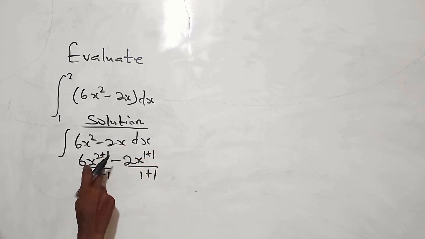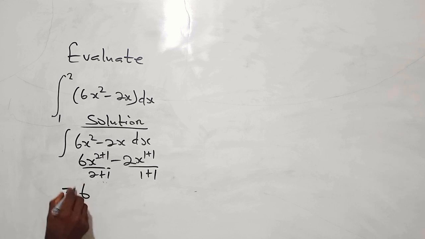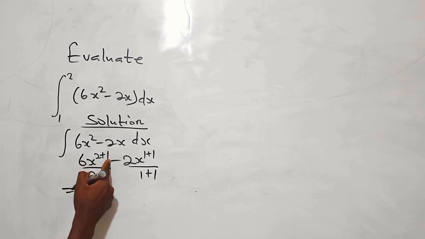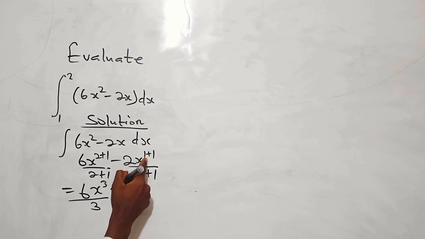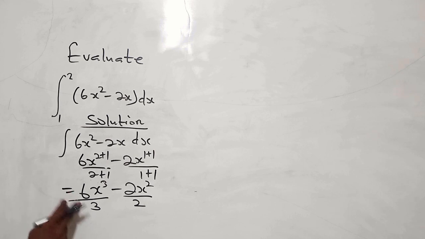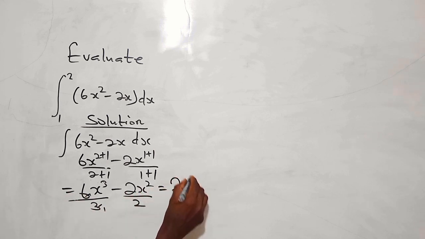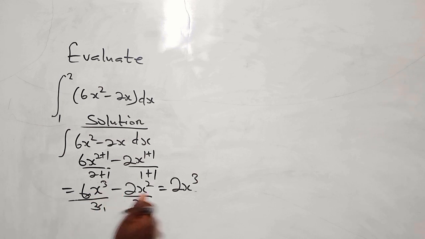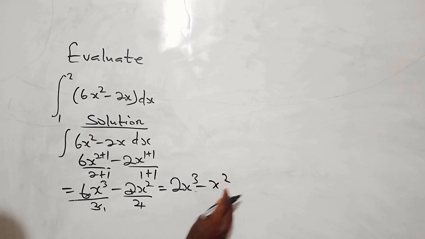From here I have 6 times x raised to power 3 over 3 minus 2x to the power 1 plus 1, which is 2, over 2. Here you can simplify: 3 here is 1 and 3 here is 2, so we have 2x raised to power 3, minus, 2 here is 1, so we have x squared.